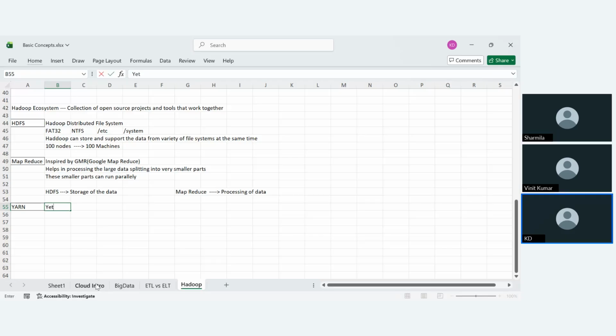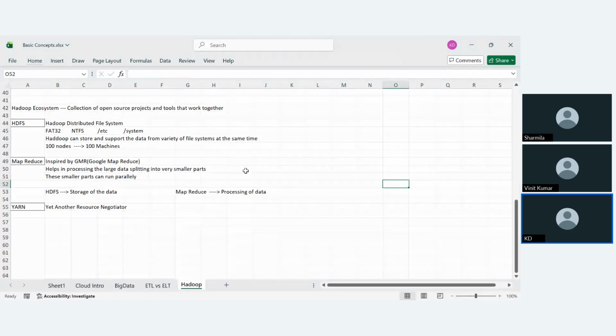YARN is yet another resource negotiator. What happens is, let's suppose this is HDFS.